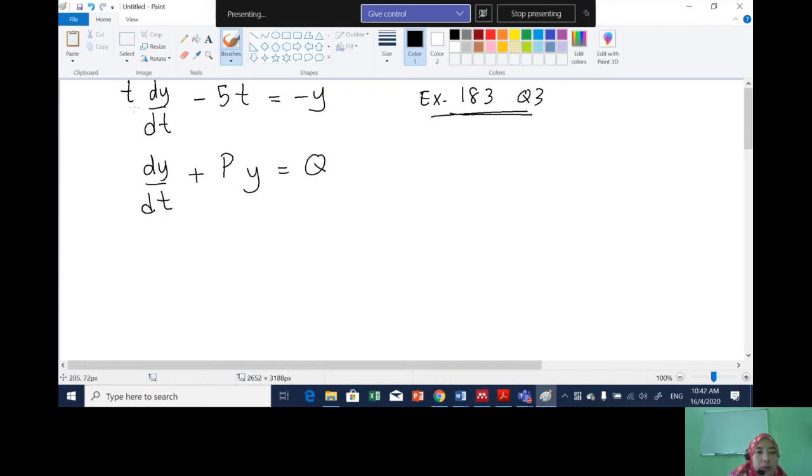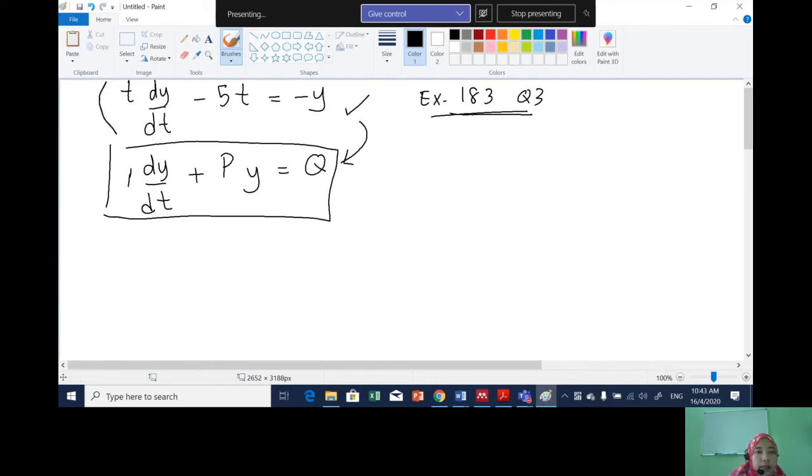Okay, so this is the form that we refer to. See that this original equation is not in this form. So you have to transform. There is t dy/dt. So there is a t here, correct? So how to make this become 1? It means that we have to divide by t.